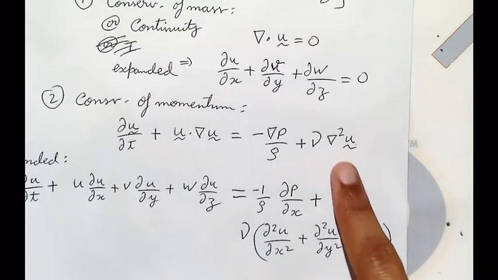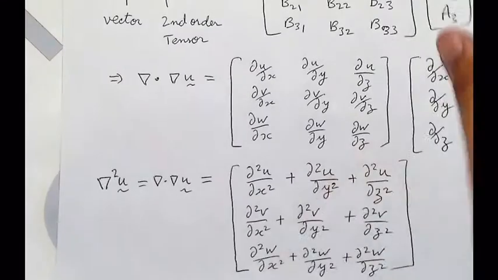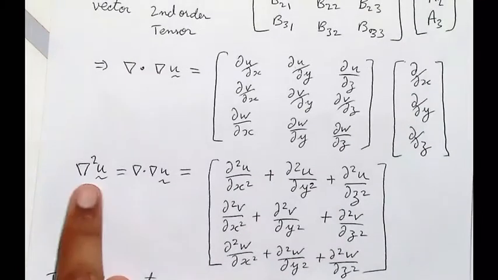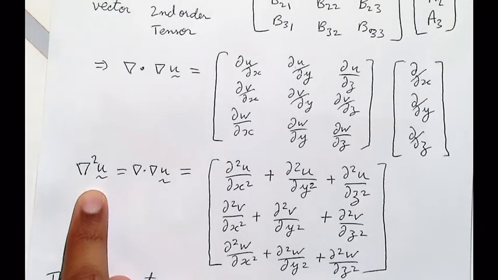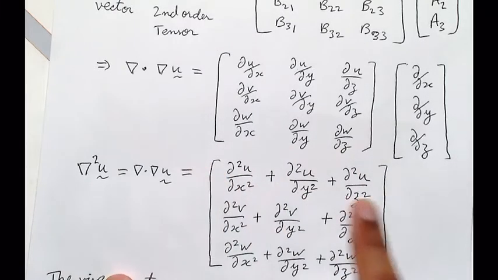Again, if you don't remember how this happens, go back to our matrices. So this is exactly what we're trying to expand, and we want the first component. First component is the first row.